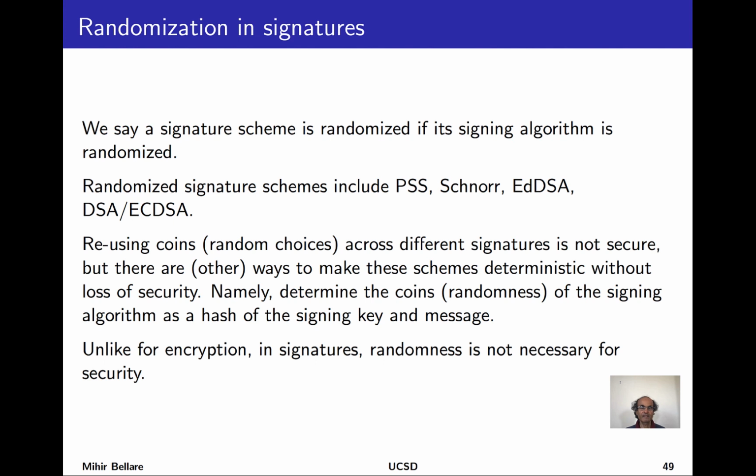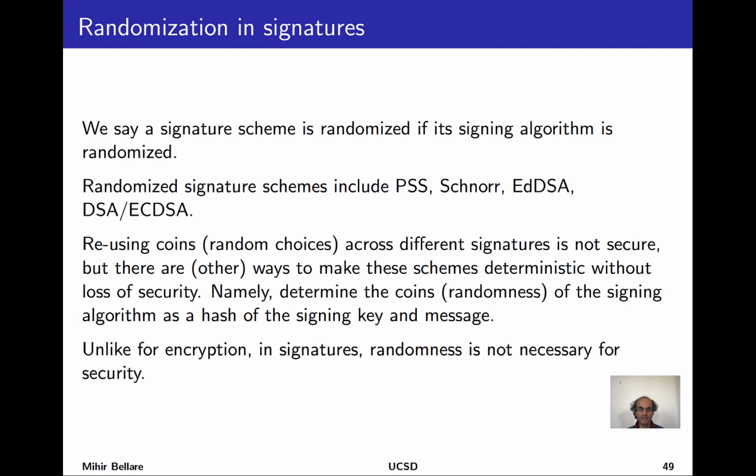We've seen that in our study of signature schemes, sometimes the signing algorithm has been randomized. In that case, we call the signature scheme randomized, but not always. For example, randomized signature schemes included the probabilistic RSA signature schemes and Schnorr, EdDSA, and DSA, but not full domain hash and not BLS. So what's going on there?